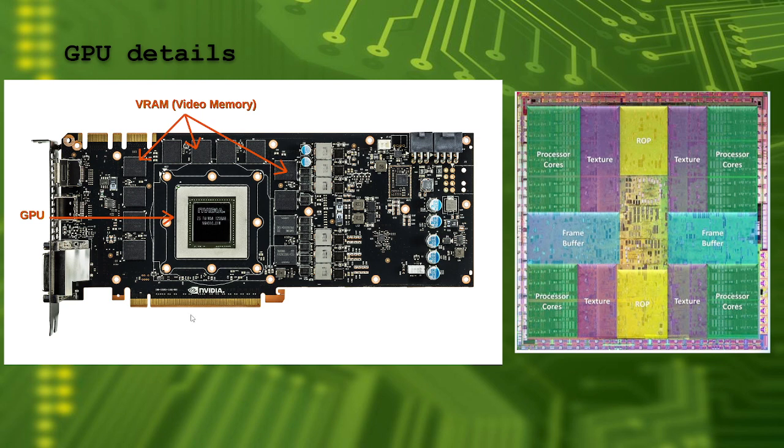Each GPU has an interconnect to the rest of the computer through the PCIe slot. It has a GPU chip. It has video memory on a GPU board or graphics board. And it has a power connector over here.